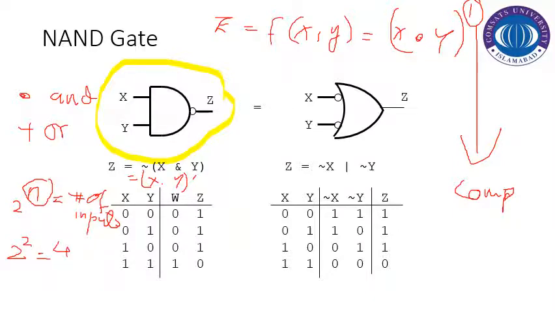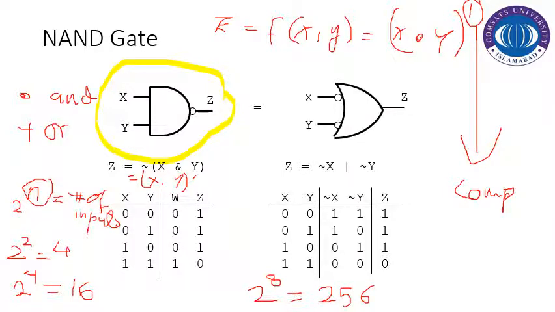If you've got four inputs, how many combinations or patterns do we have in a truth table? That is 2 raised to power 4, equals 16 possible combinations. If we have 8 inputs in a system, that is 2 raised to power 8, equals 256, and so on.